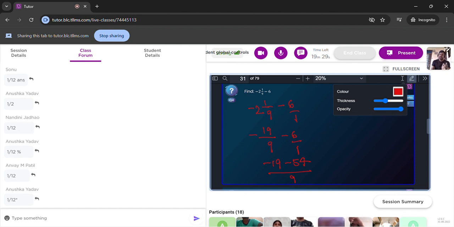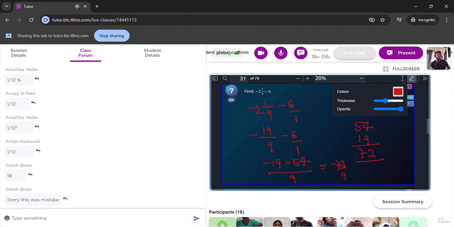And now there is a minus sign on both the numbers. So we will do the sum. So we have to add this 54 and 19. So in this way, we will get 4 and 9 13, and 5 and 1 6, and 1 7. So this will be minus 73 divided by 9.